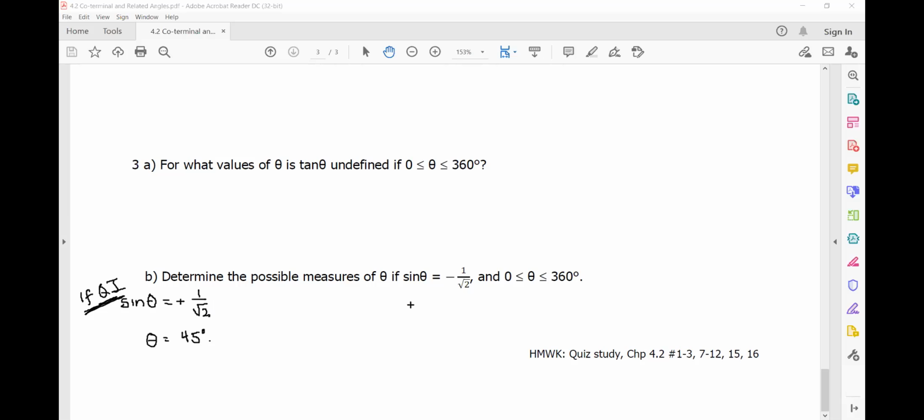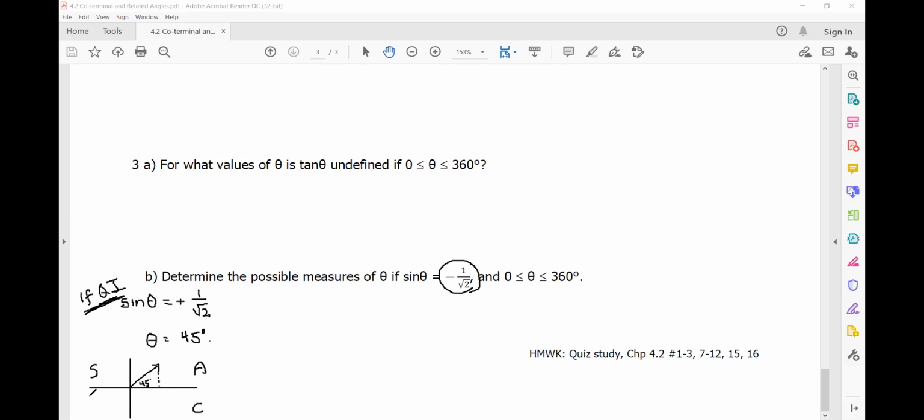Honestly, sine theta equals negative 1 over root 2 is jam-packed with information. You just got to unpackage it. If the angle we're dealing with was in quadrant 1, this would be my triangle and my angle would be 45 degrees. But because sine is negative, what quadrant must it be in?